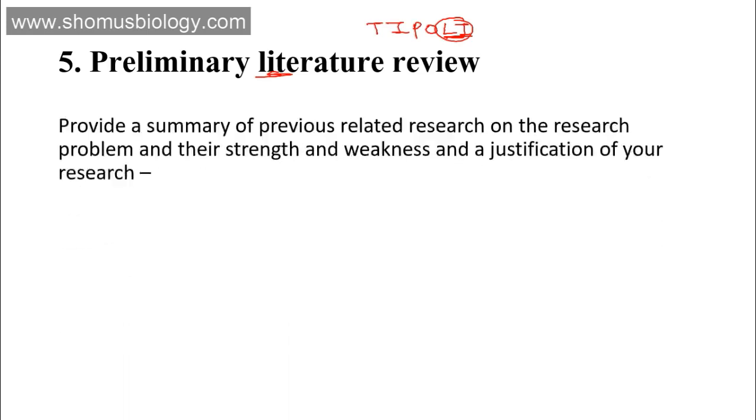Now the fifth one is the preliminary literature review. So remember, we started with TIPO, LI. So now we are at the LI. LI means literature review. A preliminary literature review provides a summary of previous related research on that research problem, its strengths and weaknesses, and the justification of your research.